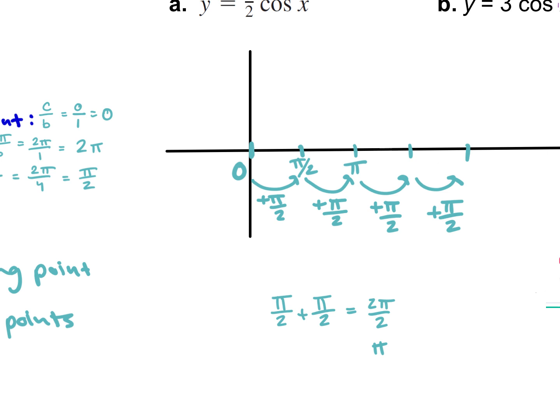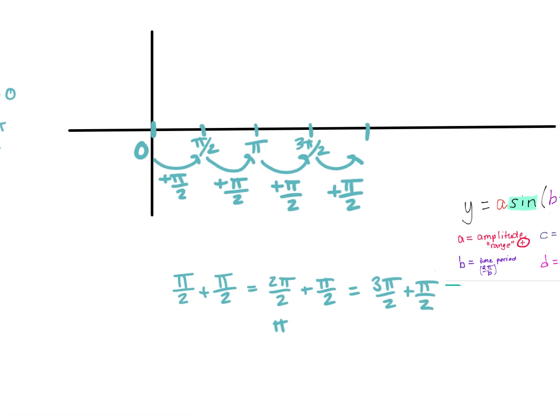Then I'm going to add another pi over 2. What's pi plus pi over 2? 3 pi over 2, awesome. So this one would be 3 pi over 2. And then what's 3 pi over 2 plus another pi over 2? 2 pi, perfect. It'd be 4 pi over 2, which would simplify to 2 pi.